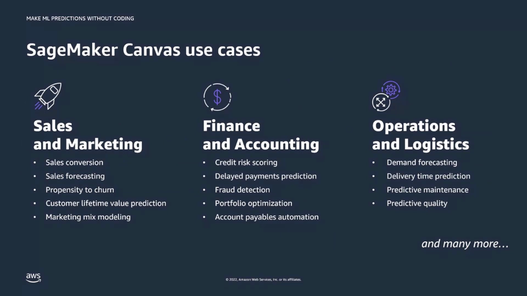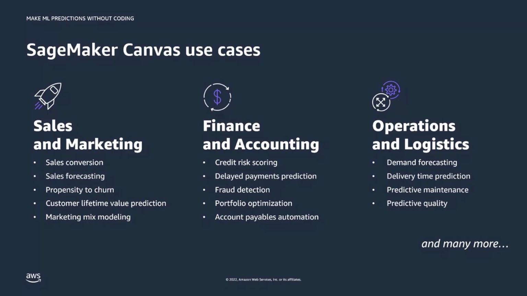And so I'm going to focus on a sales and marketing use case, one I mentioned earlier, right? Can I understand why my customers may leave me, right? And so that's a propensity to churn model. But there's lots of other ones within finance accounting for risk models, and then operations for things like understanding quality and things like that.